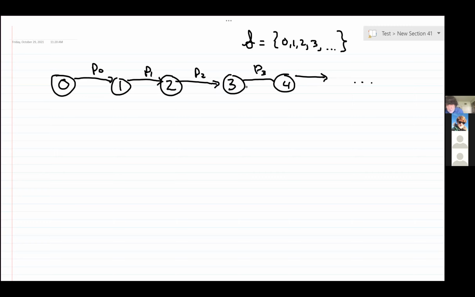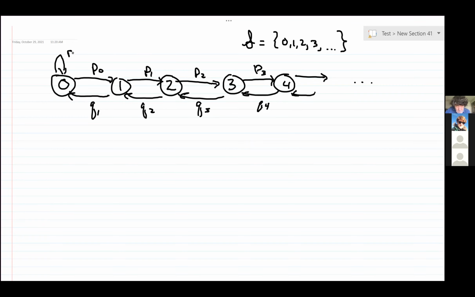That's the birth. The death would be this: Q1, Q2, Q3, Q4, etc. And there could be loops.